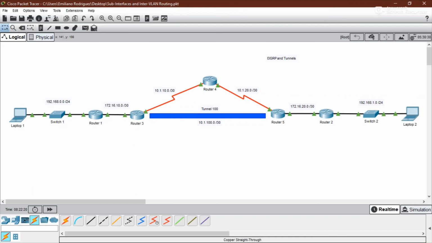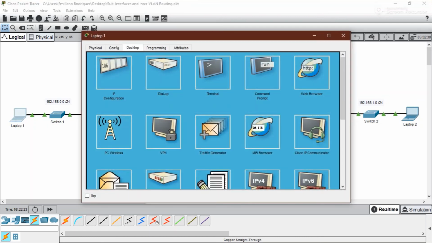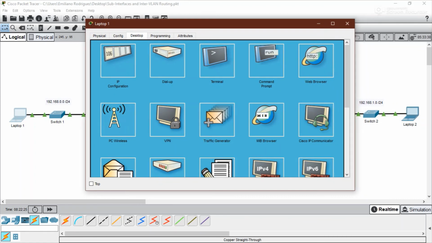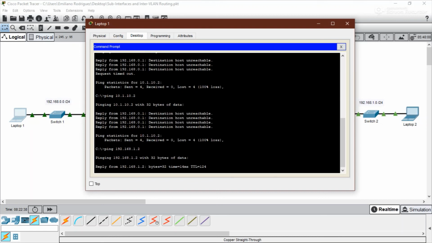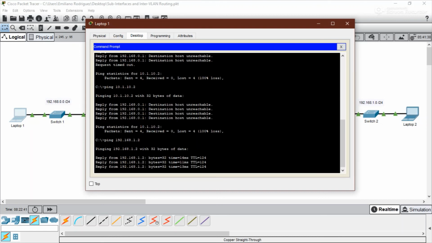Laptop 1 should be able to ping laptop 2. We'll go to laptop 1 and we will ping laptop 2, which is 192.168.1.2, and we are receiving replies.